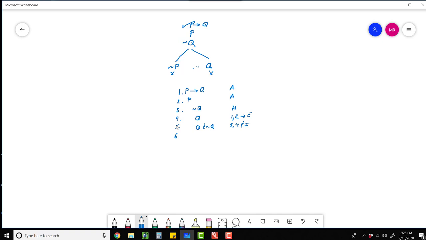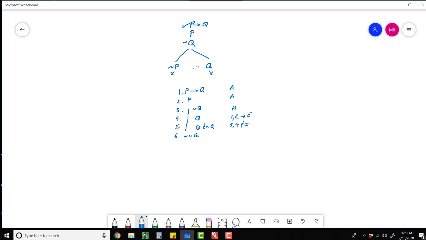What that means is that you write not whatever that hypothesis is. In this case, the hypothesis is not Q. Don't get too clever and say that's just Q and write Q. That's not okay. You have to write not whatever the hypothesis happens to be, not Q, and you drop a line.